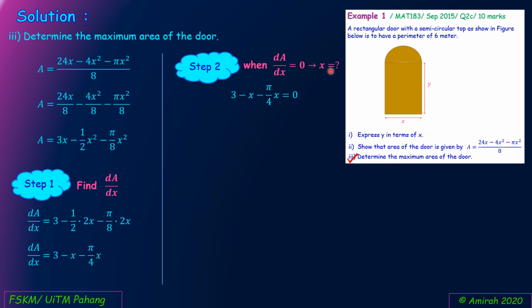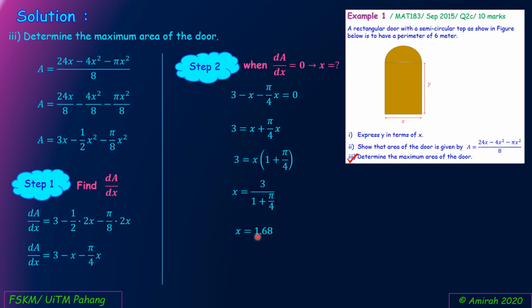Then we need to find the value of x. So we can move the term containing x to the right hand side, so we get this. Then we can factorize x, so we get 3 equals x in bracket 1 plus pi over 4. Then we move 1 plus pi over 4 to the left hand side, so we get x equals 3 over 1 plus pi over 4.